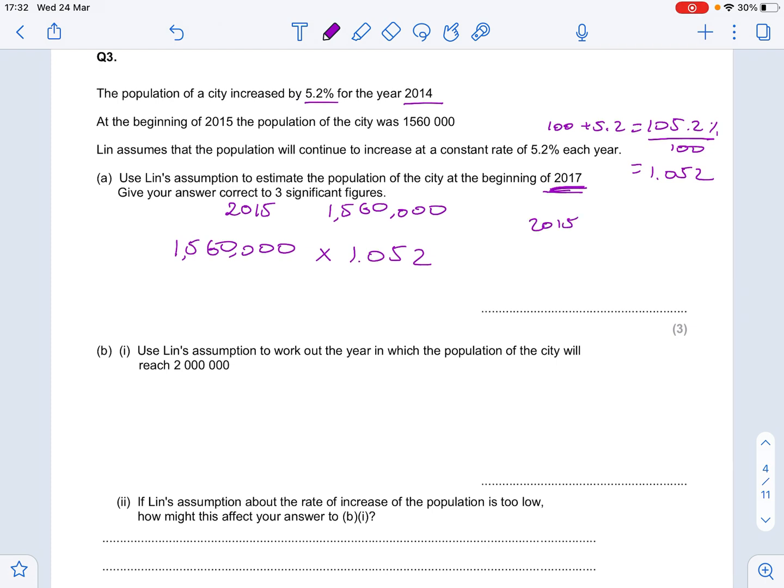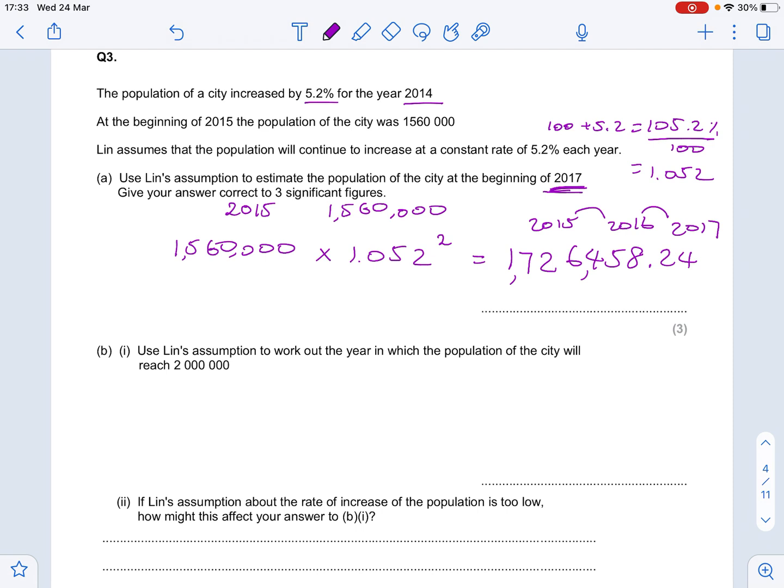So that's 2015, then 1 year is 2016, another year is 2017. So it's to the power of 2. So you got your answer, 1726455.24.